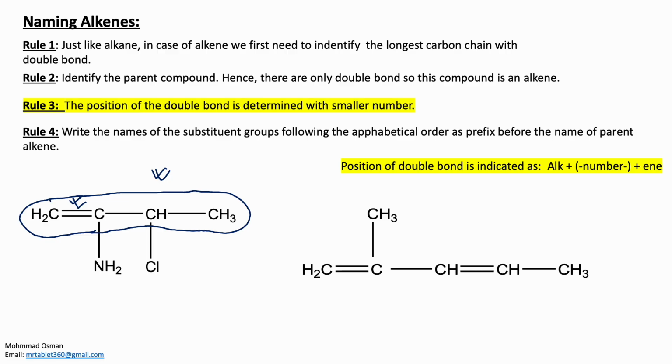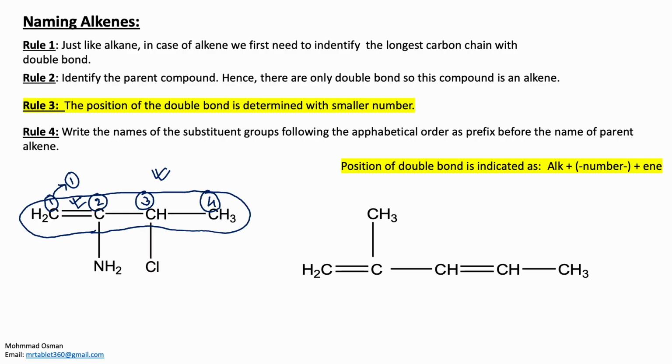So we will number this carbon as 1, this carbon as 2, this carbon as 3, and this carbon as 4. Then you see that the double bond gets position 1, which is the smallest number.